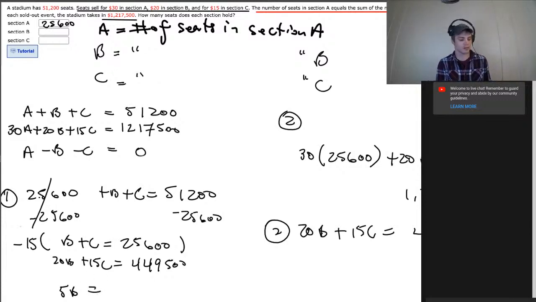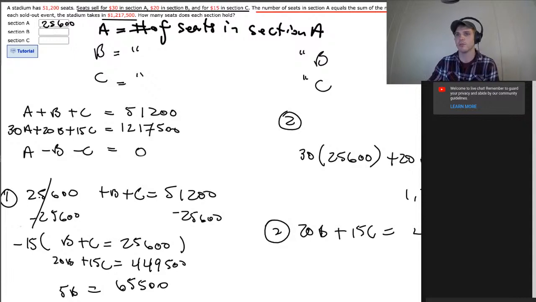And then this is, okay, doing it live. So this becomes that, and then we just divide by 5 on both sides. And what do we get? 13. Yeah.